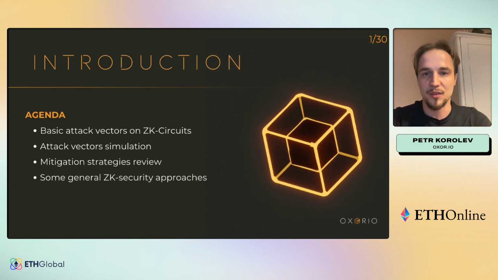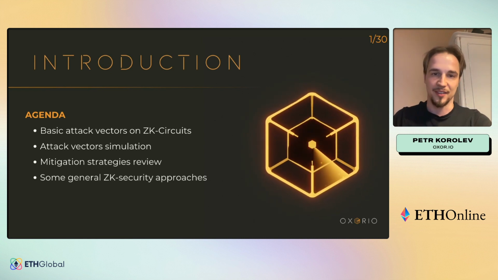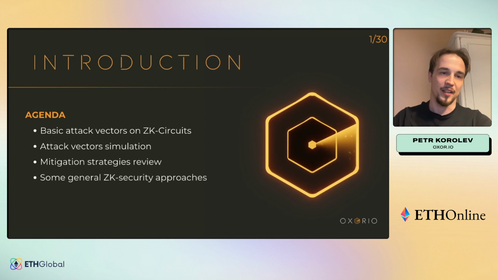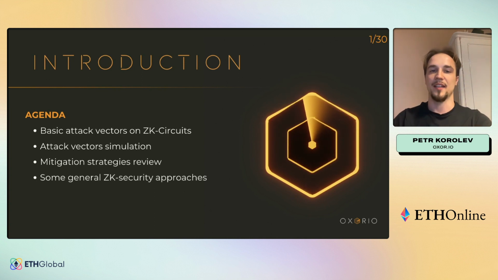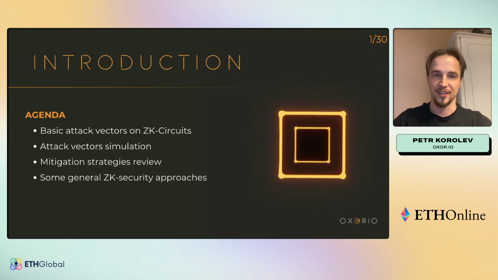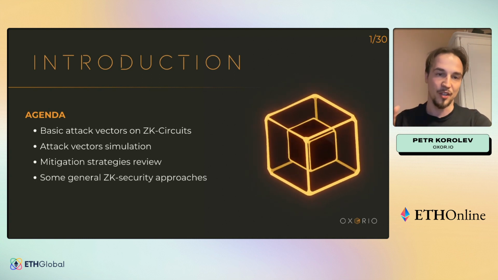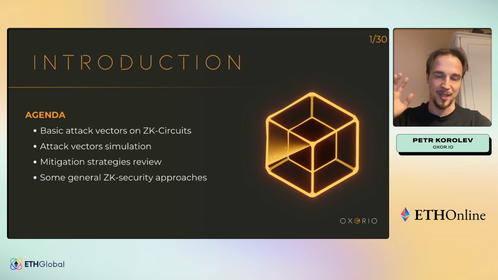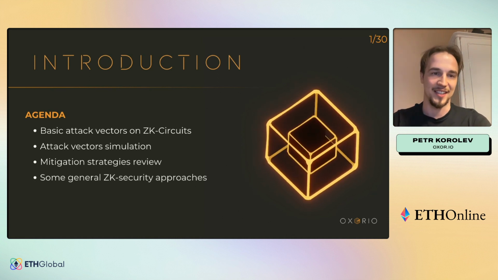We will introduce the 7 most common basic attack vectors and how to protect against them, and also bring some real world examples of the errors and attacks that happened in the ZK field.